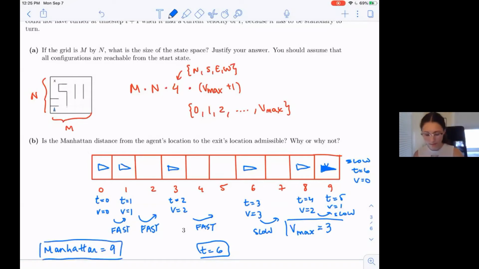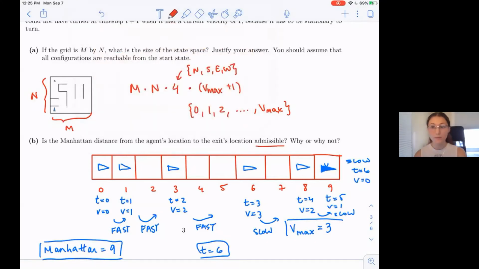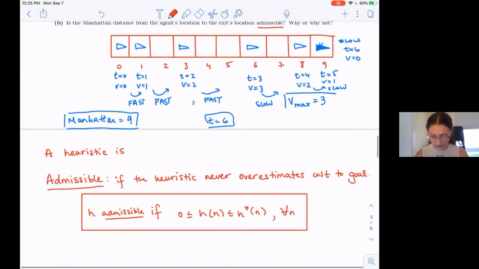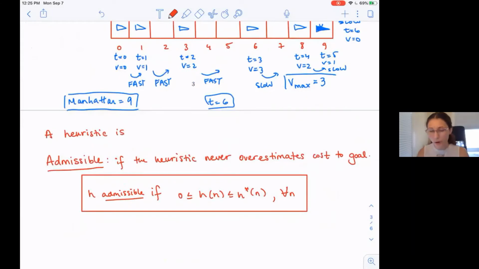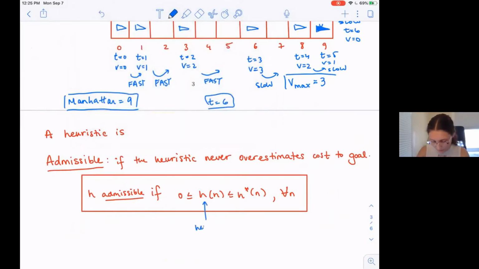Now we ask ourselves, would Manhattan distance be an admissible heuristic? To figure this out, let's remind ourselves what an admissible heuristic even is. An admissible heuristic is one that never overestimates the cost to goal. So in mathematical terms, for some heuristic h, if you're evaluating a node n, that heuristic will always under-approximate the true cost to the goal.